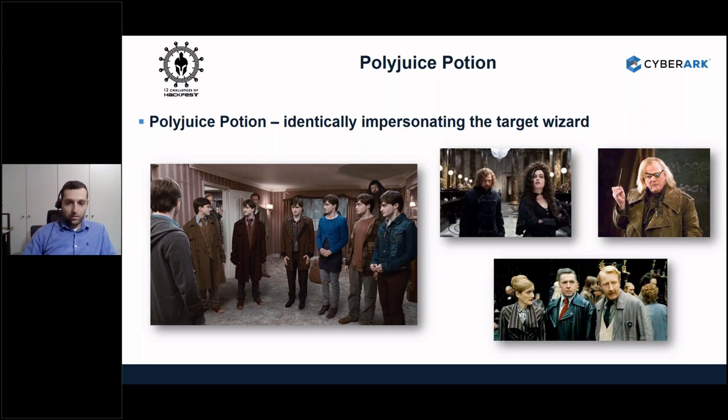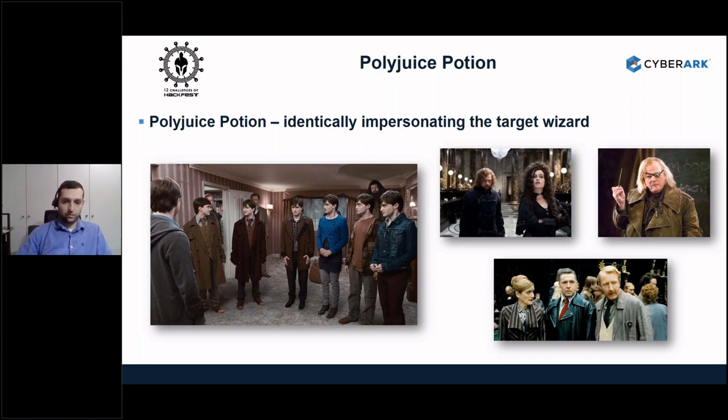In the aspect of shadow admins, all the ones who can create this potion and use it are shadow admins because they can impersonate different identities and then perform actions on their behalf. In our cyber world, the attackers could compromise a shadow admin like this, and with it escalate their privileges by impersonating another user with more privileges.